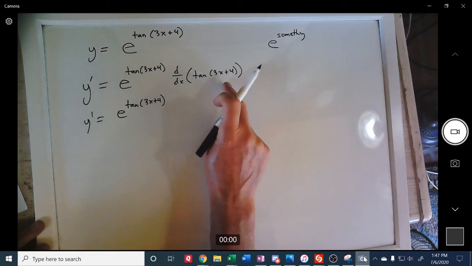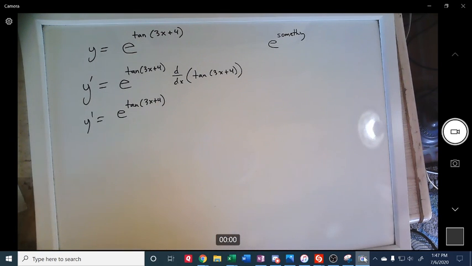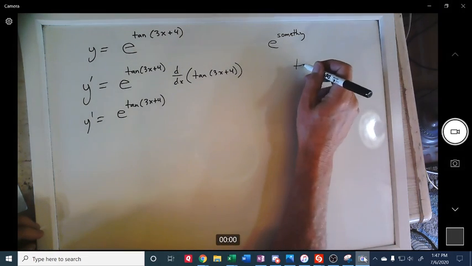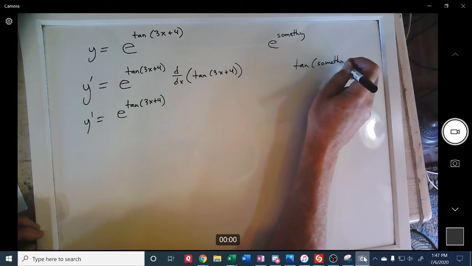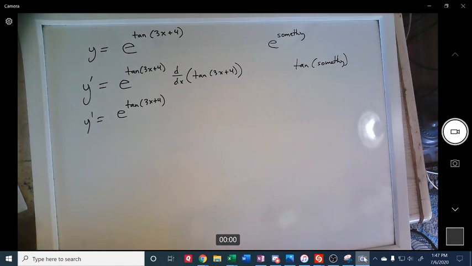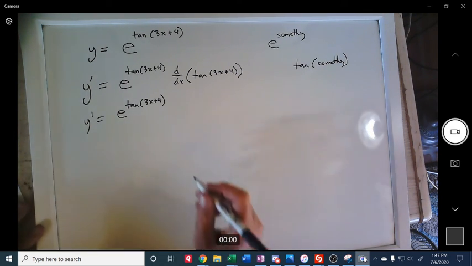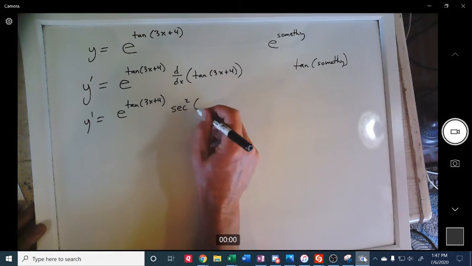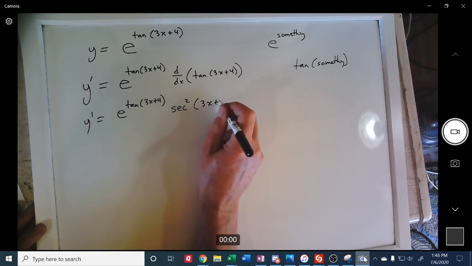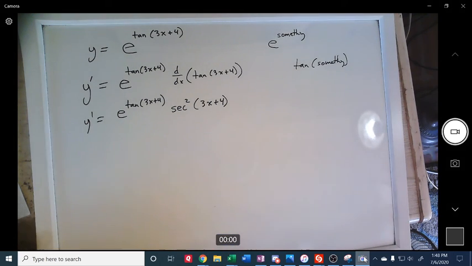Now the derivative of tangent of 3x plus 4. The inner function is 3x plus 4. The outer function is tangent. So we think of this as tangent of something. And the derivative of tangent of something is what? The derivative of tangent x is secant squared. That's something.